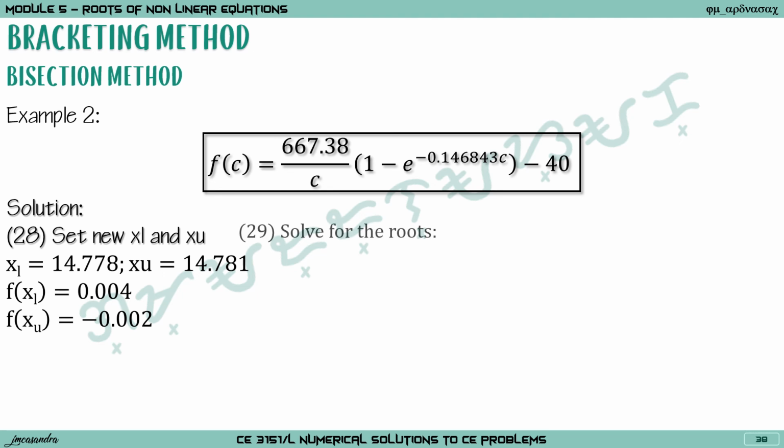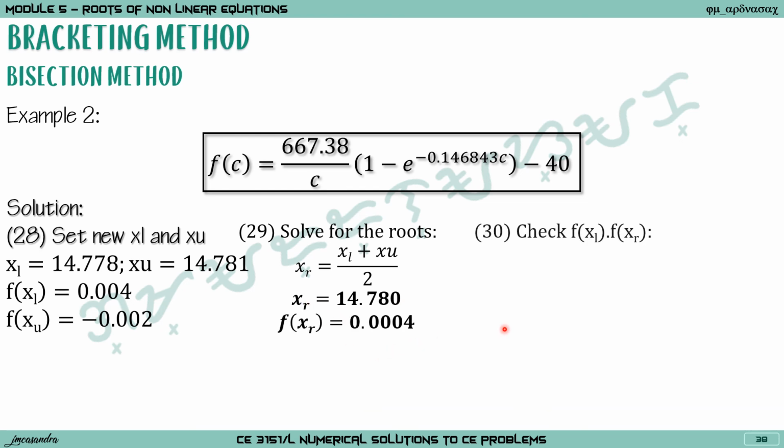Okay, repeating the process, we have 14.78 as our xr. The function is 0.004. So for the product, approximately 0, since 0.004 times 0.004 is nearly equal to 0.